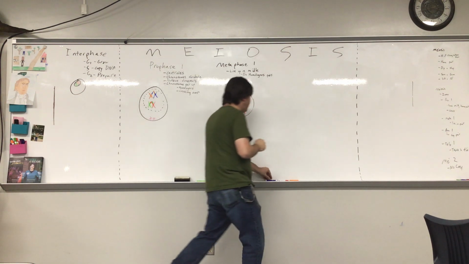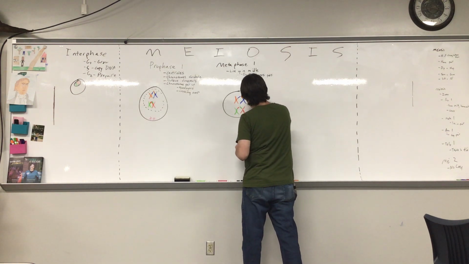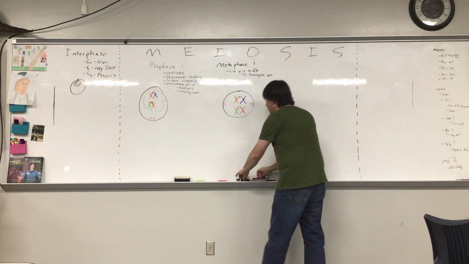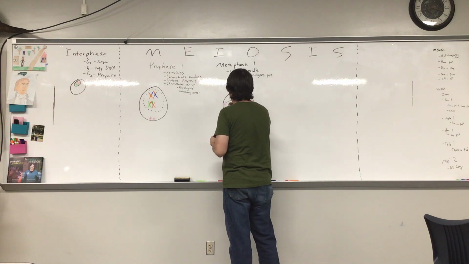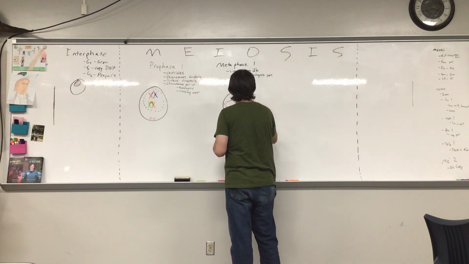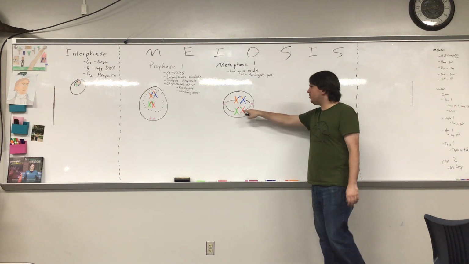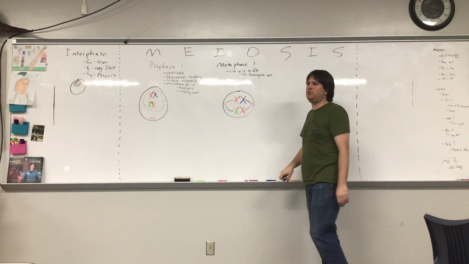And then same thing as mitosis. You'll get centrioles lining up on either side, and get your spindle fiber attaching. However, you'll notice they only attach to one side of each chromosome.